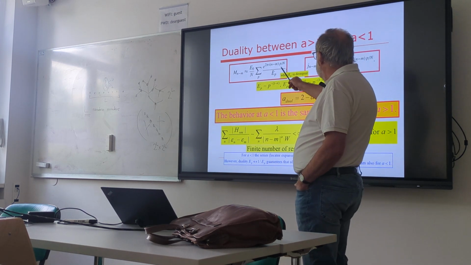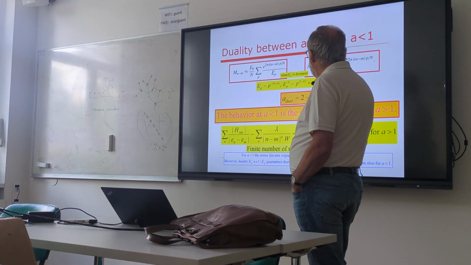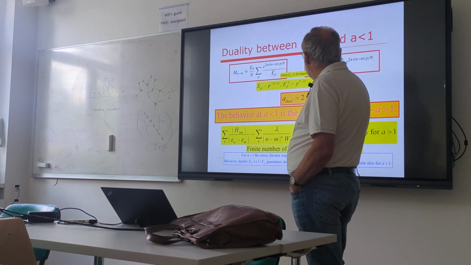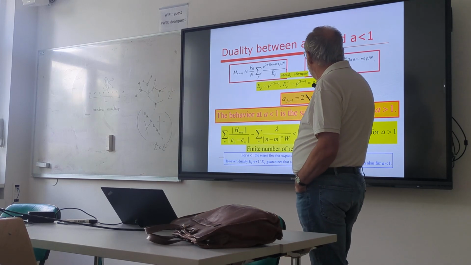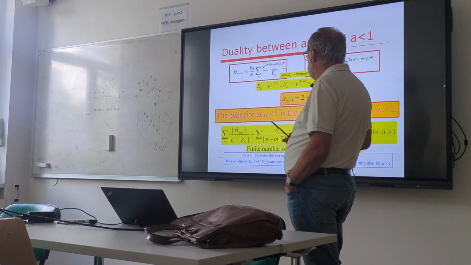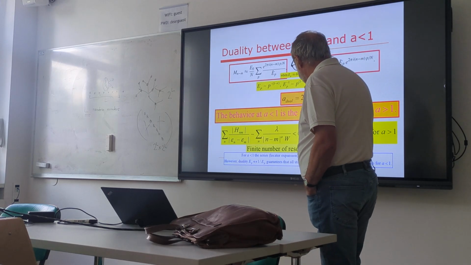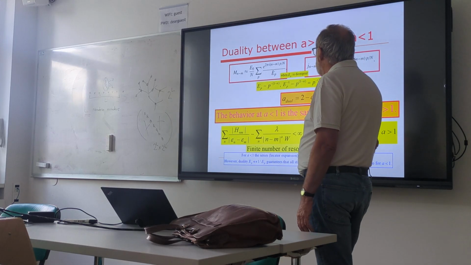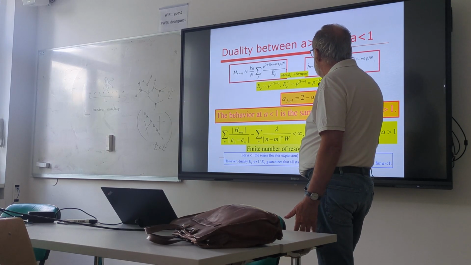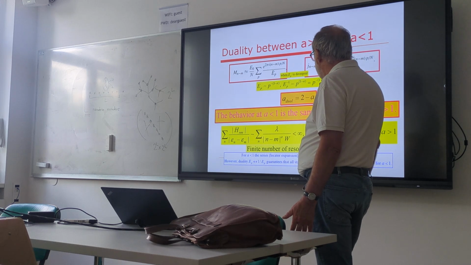But because physics is the same, there is a duality. So if I have A and I have 2 minus A, I have the same physics. But suppose that initially I have A greater than 1.